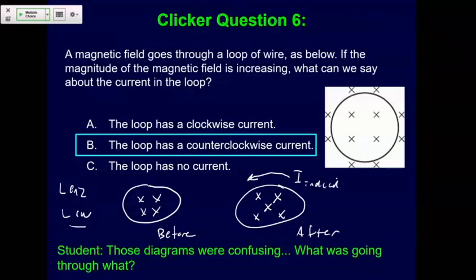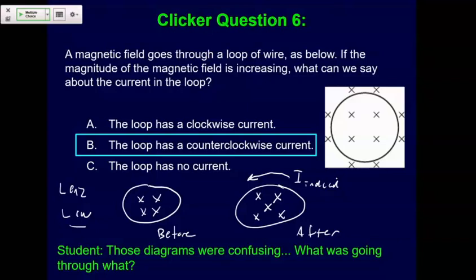I can't remember if this is the one you guys did last night or if you did a similar one, but that's the thinking there. So, questions on that idea? It's really tough because I think a lot of people want to automatically make your current go along with the magnetic field that's there, but it's the change in the magnetic field, and that's the really tough part.